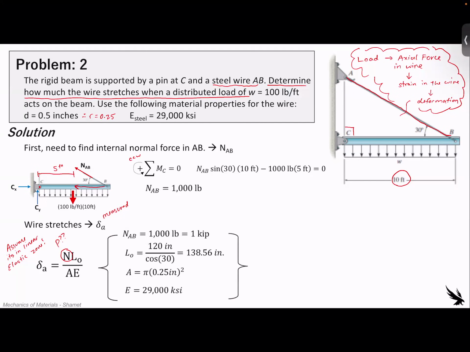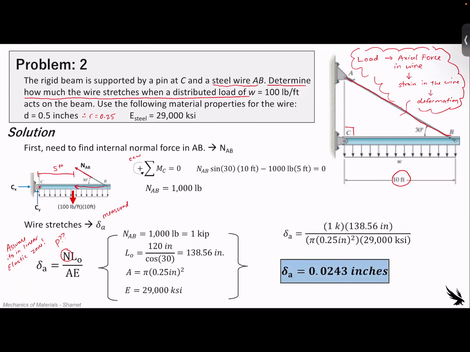We plug this in to ensure that our units all cross each other out. So we have everything in kips and inches and square inches. That works out, and our final answer will be in inches: 0.0243 inches. So that would be how much it stretches.